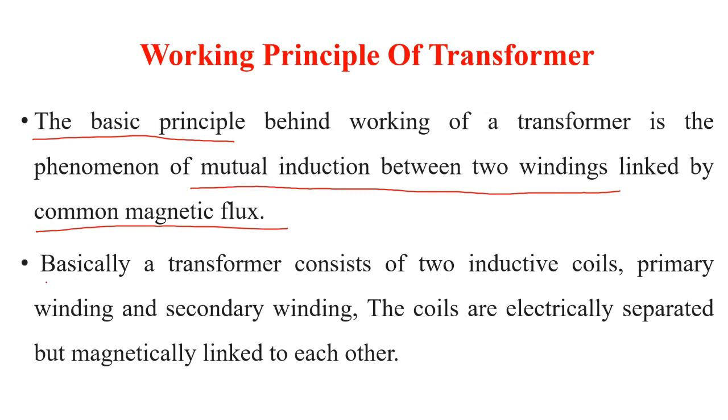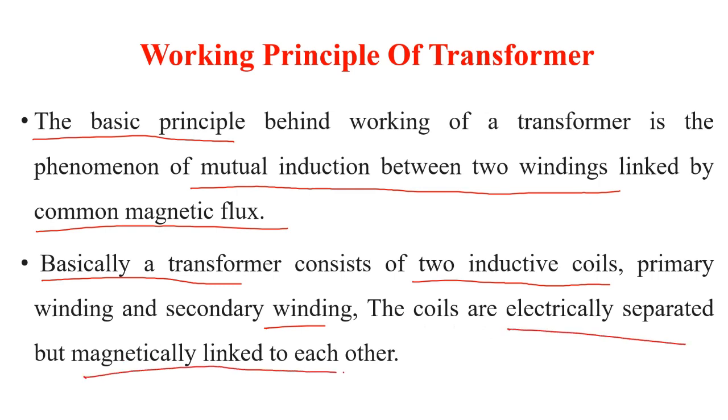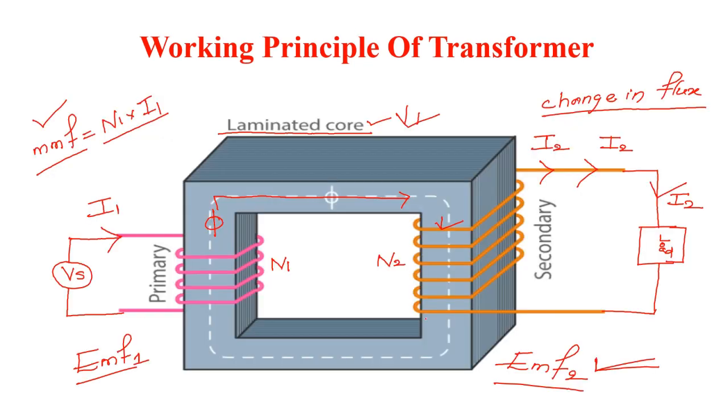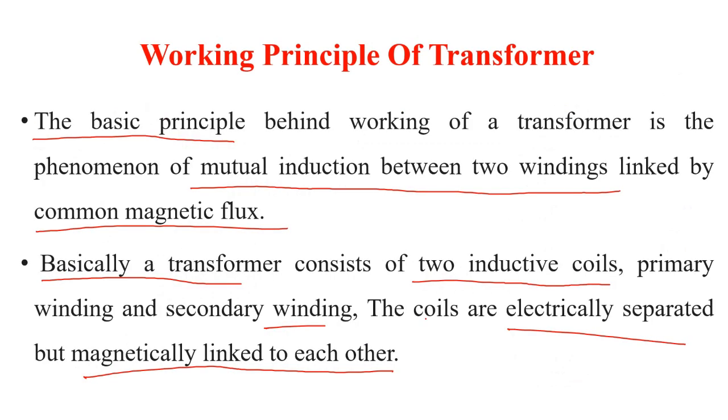Next, point number 2: a transformer consists of two inductive coils, the primary and secondary windings, and the coils are electrically separated but magnetically coupled to each other. So the primary and secondary windings are electrically separated but magnetically coupled with the help of this magnetic field.